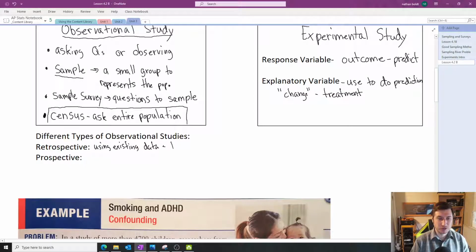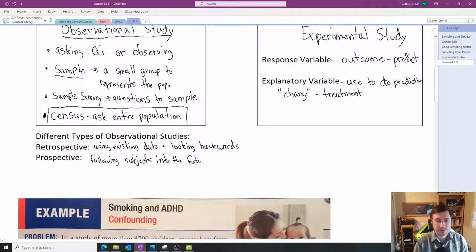Also think of it as looking backwards. Prospective is the exact opposite. That's looking forwards. In a prospective study, you are following people or subjects into the future.